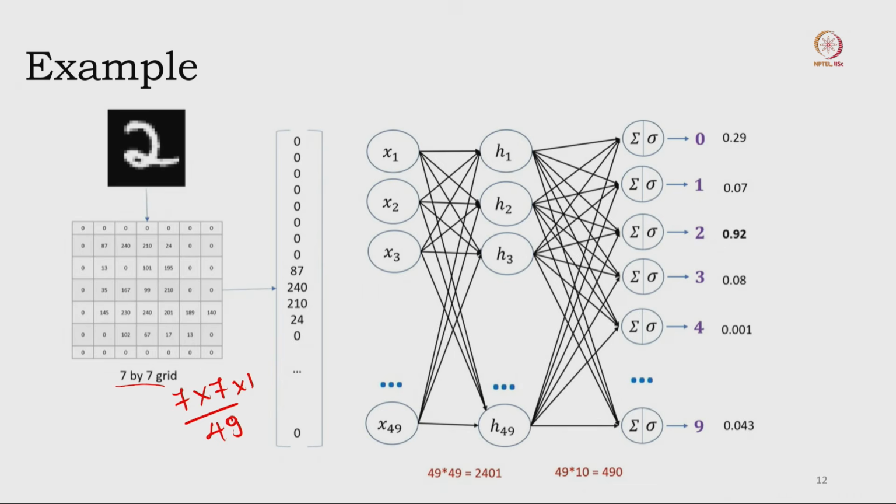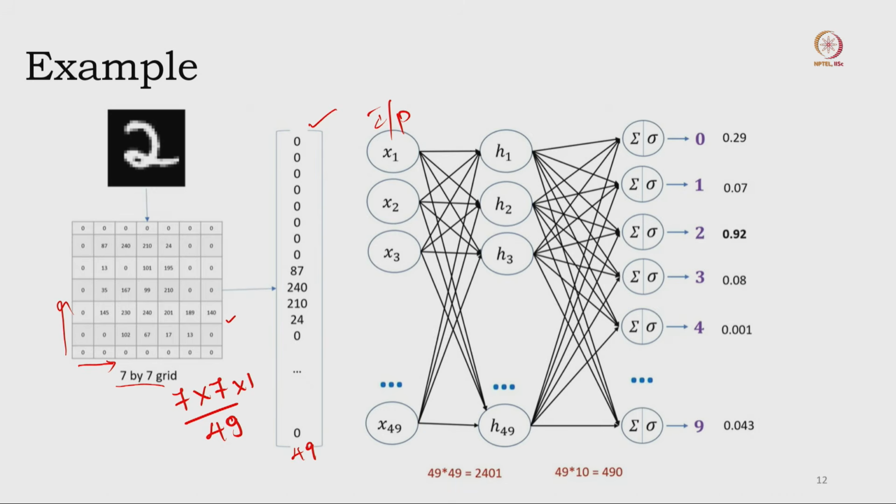When we convert this 2-dimensional data into a single vector, this is the single vector representation of the matrix. Now, what is the problem with this? Since there are 49 such values, in the architectural diagram we have 49 neurons at the input layer.